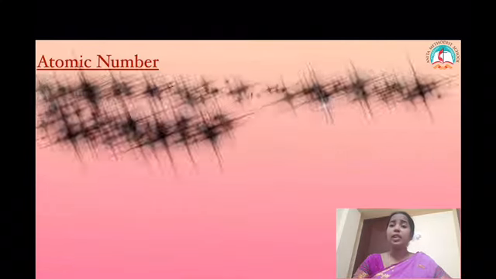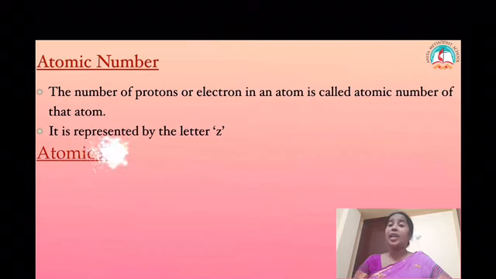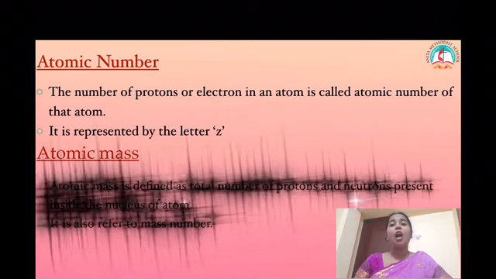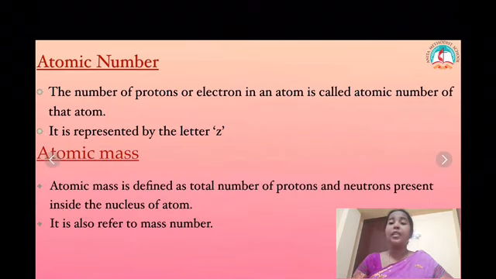Next, we are going to learn about atomic number and atomic mass. Atomic number is defined as the number of protons or electrons in an atom.